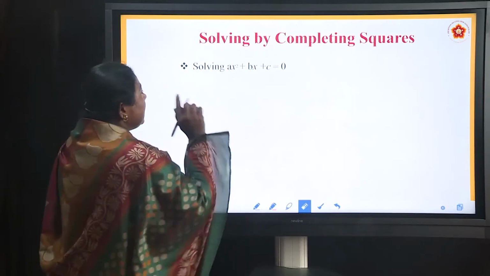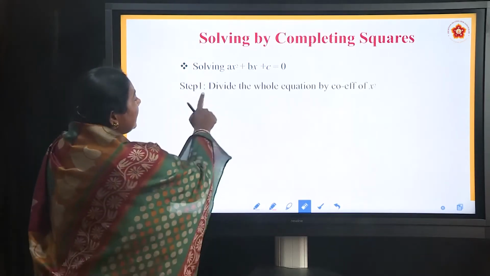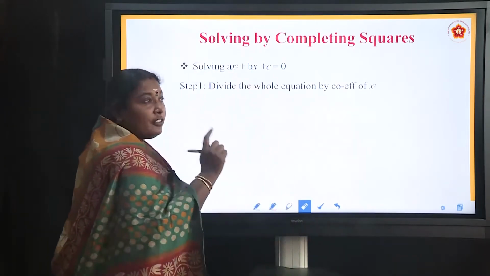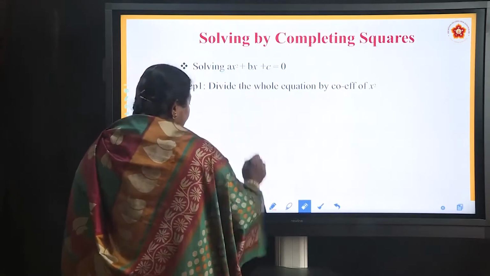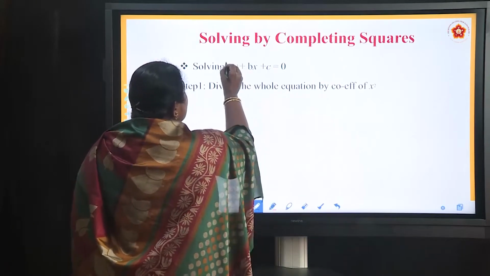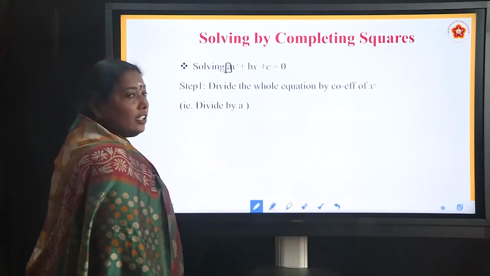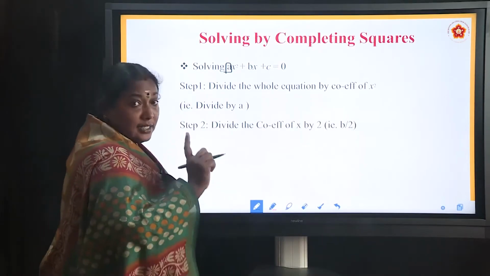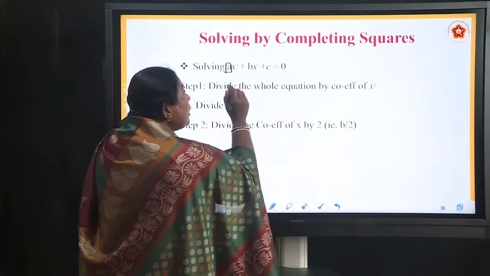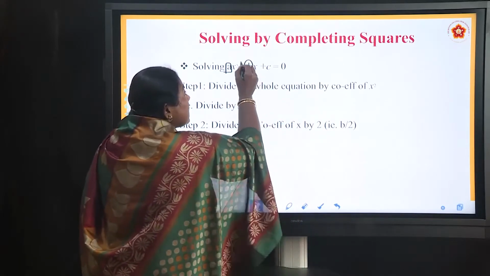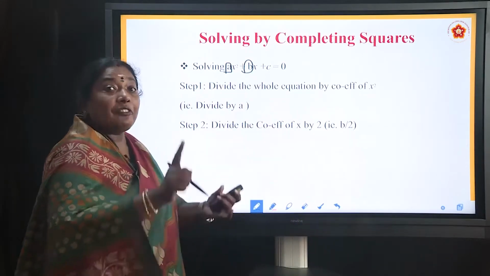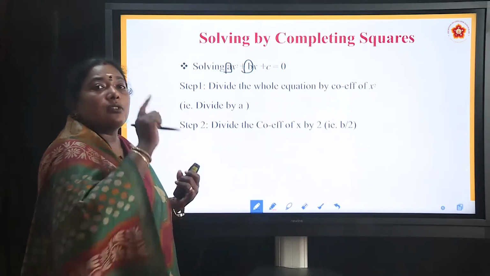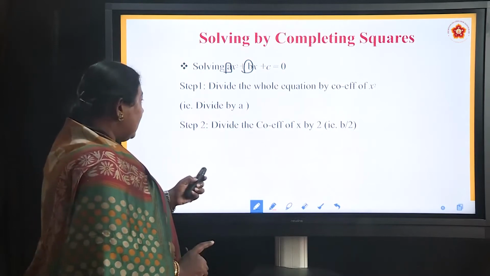The first step is to divide the whole equation by the coefficient of x square, that means a. The next step is to divide only the coefficient of x by 2, after dividing the whole equation by a.